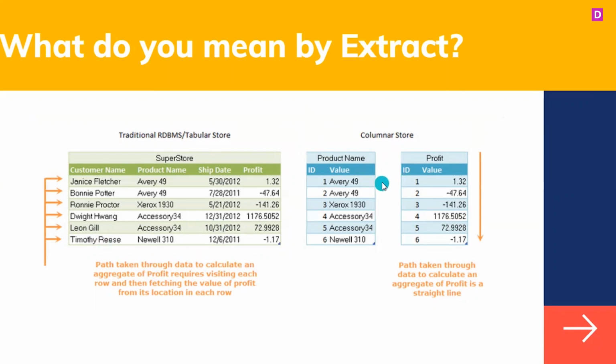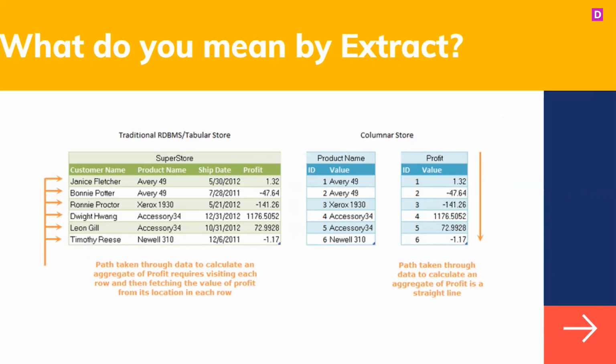For id, it will be like 1 2 3 4 5, and all the columns will be completely stored. It's not row-wise. So in a columnar store, it will reduce the input/output required to access and aggregate the values in the column. So it is very nice for doing analytics.